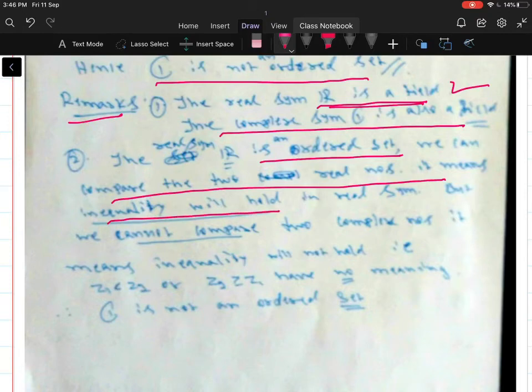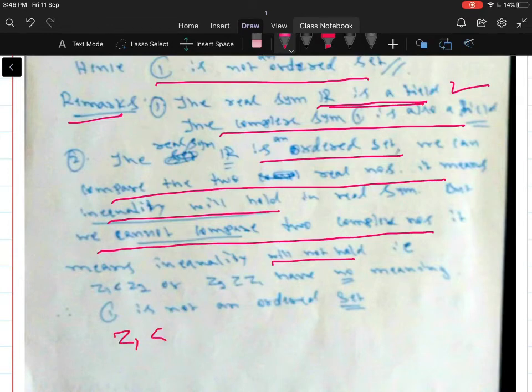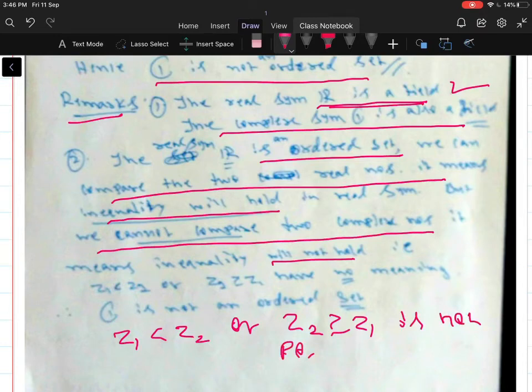It means that inequality will hold in the real system. But you cannot compare two complex numbers. It means that inequality will not hold. So z1 less than z2 or z2 greater than or equal to z1 is not possible. Therefore, C is not an ordered set.